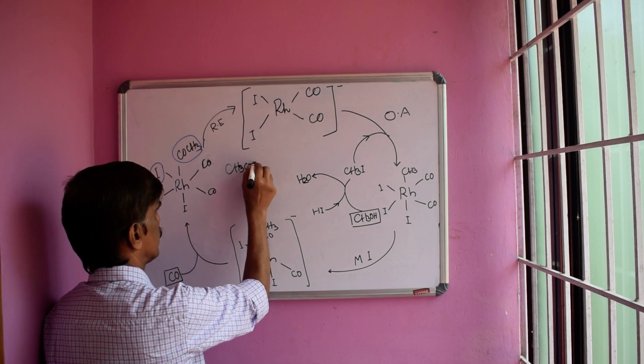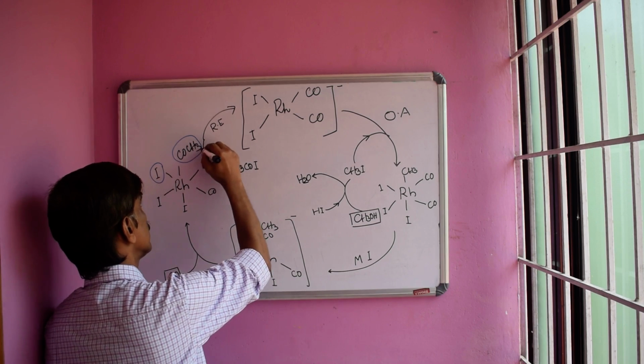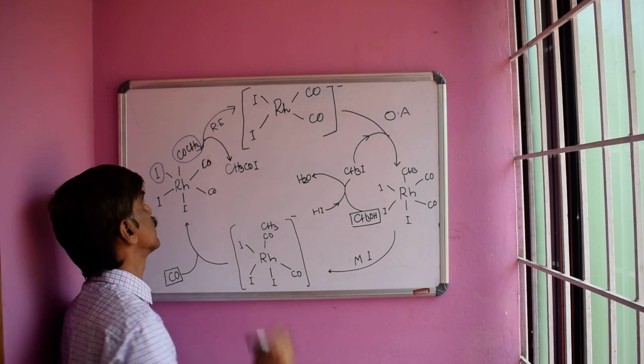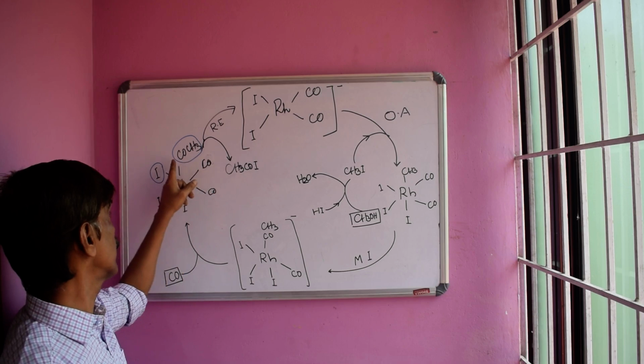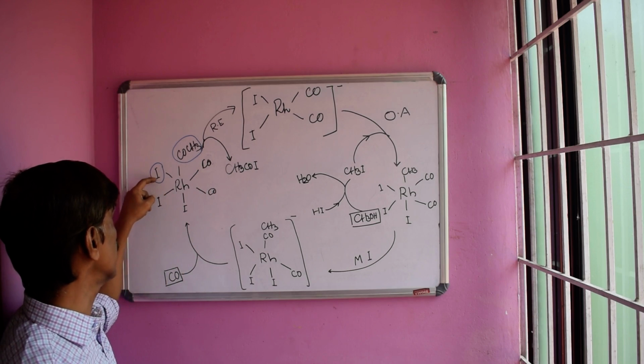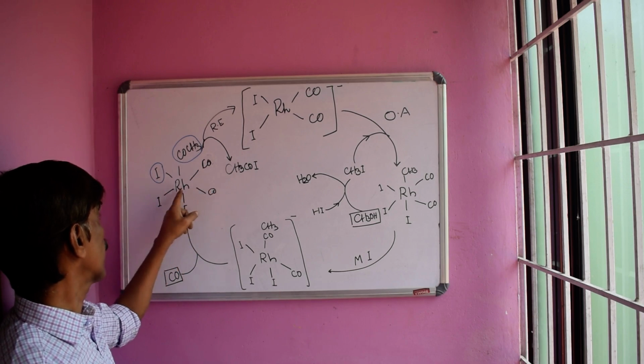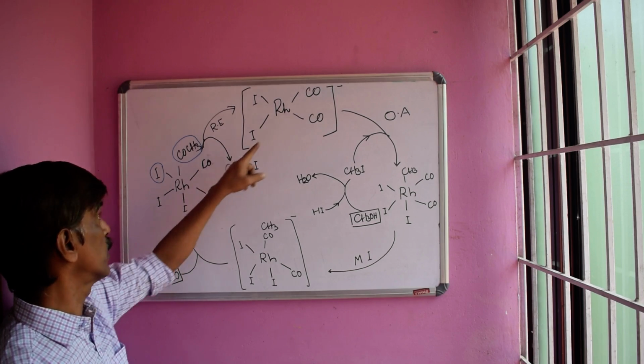So here the reductive elimination takes place, and the CH3COI, once removed, leaves Rh, CO twice, I twice, that is this one.